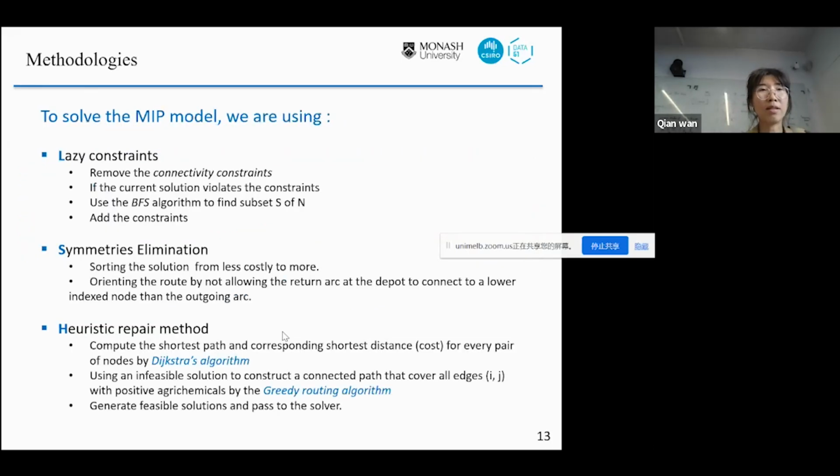And so let's move to the next part about methodologies. To solve this kind of MIP model, we are using lazy constraints, symmetry elimination, and heuristic repair methods.